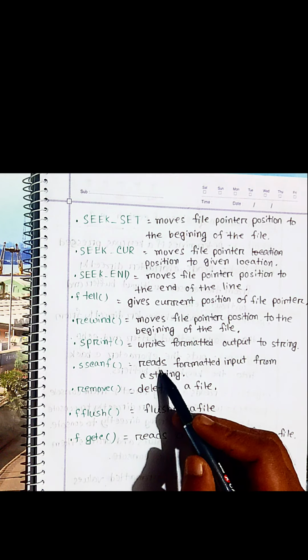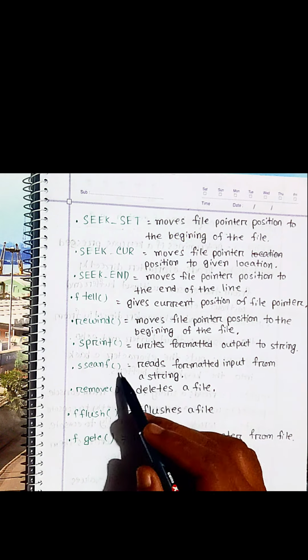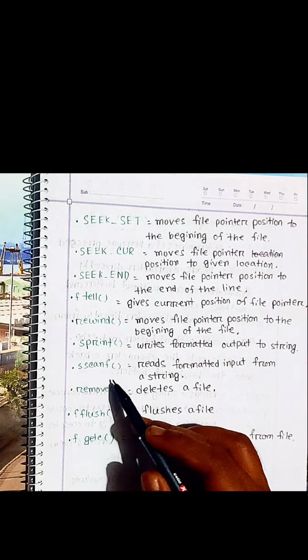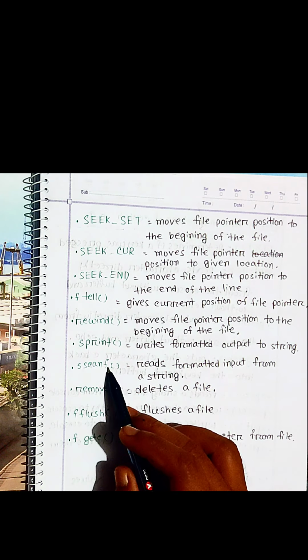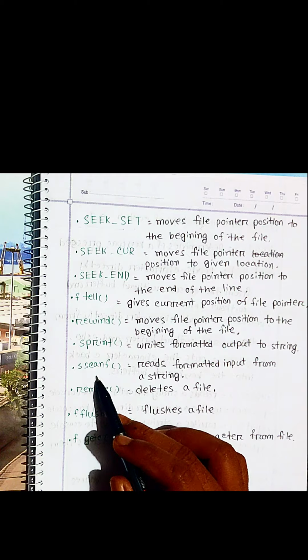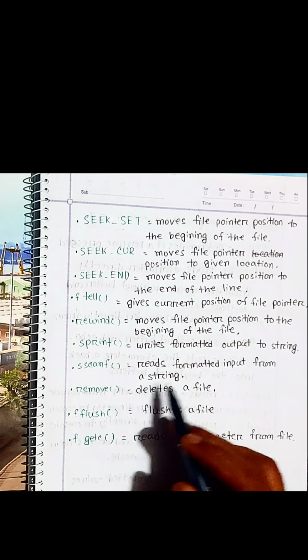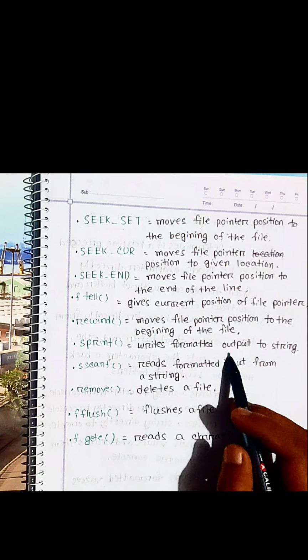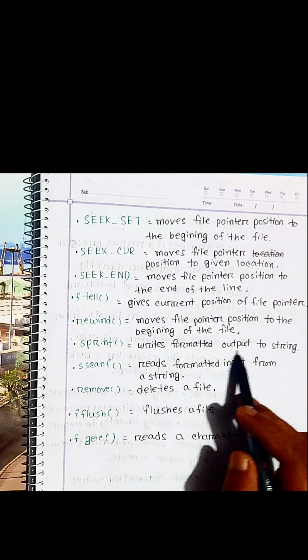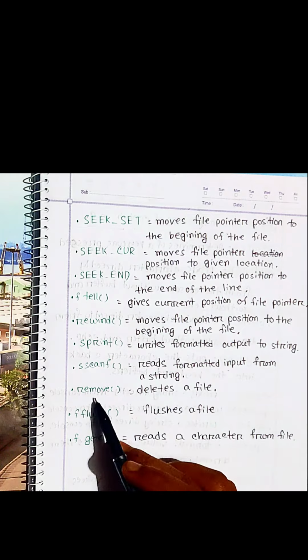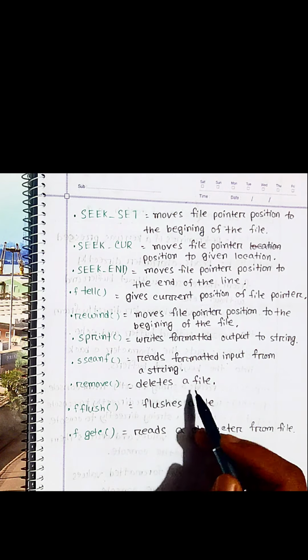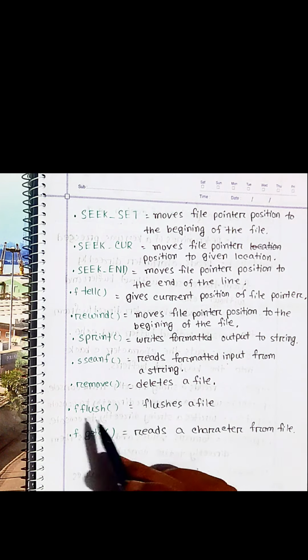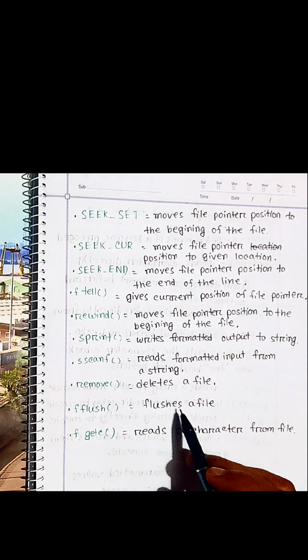Whichever one you have inputted, it will read this one. scan, like scanf, they are similar. The scan is common like input here. And the print output writes formatted output to string. Okay, remove deletes a file. The remove function will delete a file. And fflush flushes a file.